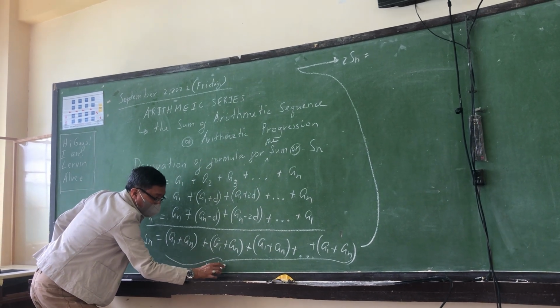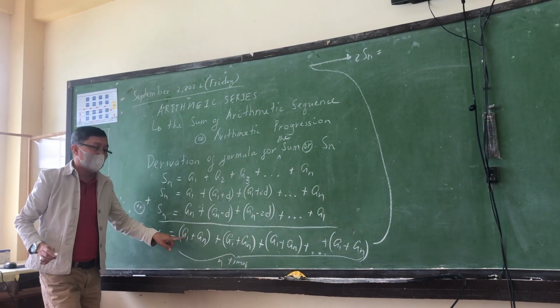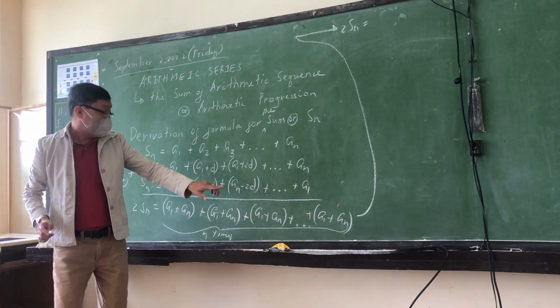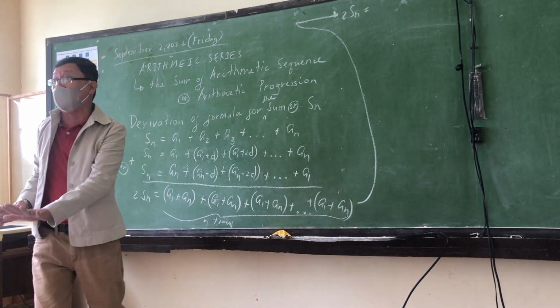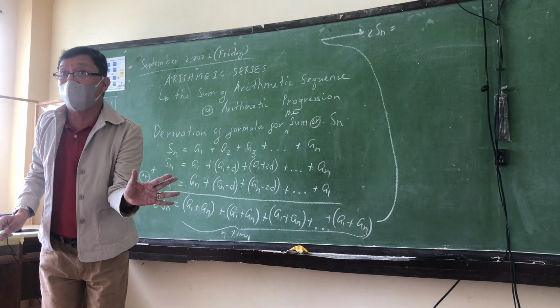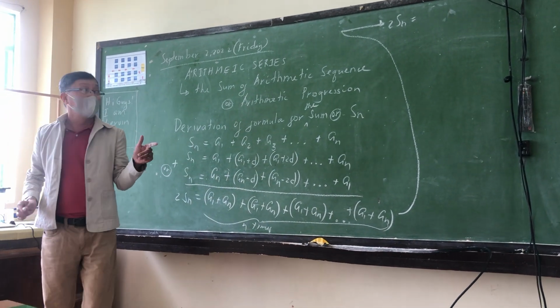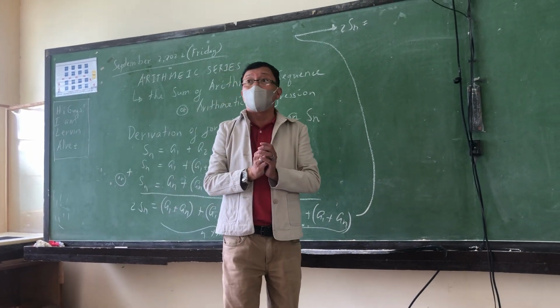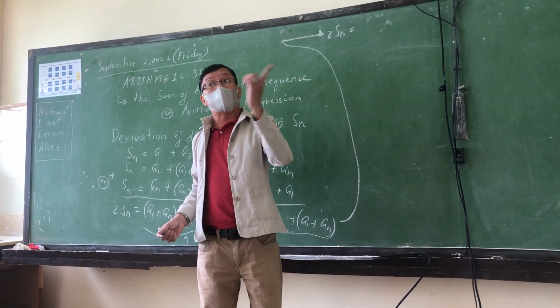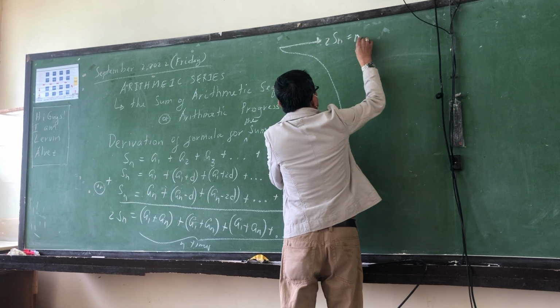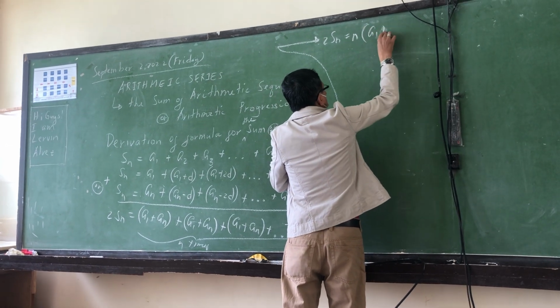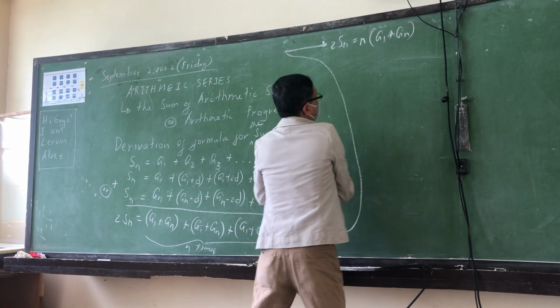N times. Kung ilang term yan. Halimbawa, if 10 term yan, edi 10 times the a sub 1 plus n. If that is 15, 15 times the quantity of a sub 1 plus a sub n. So therefore, in order to make it shorter using the product, we will have the n times the quantity of a sub 1 plus a sub n.